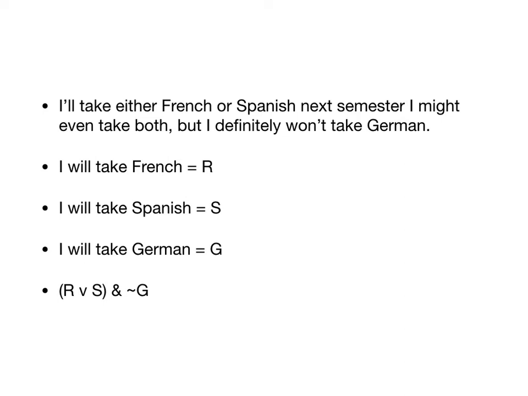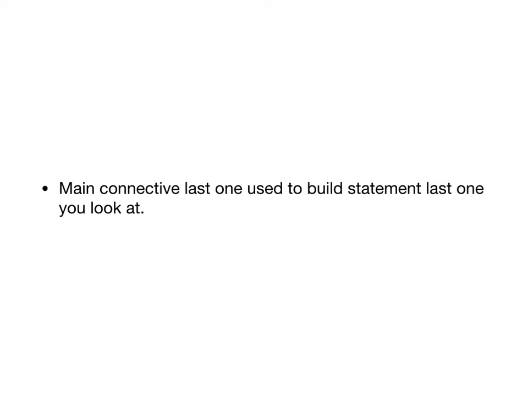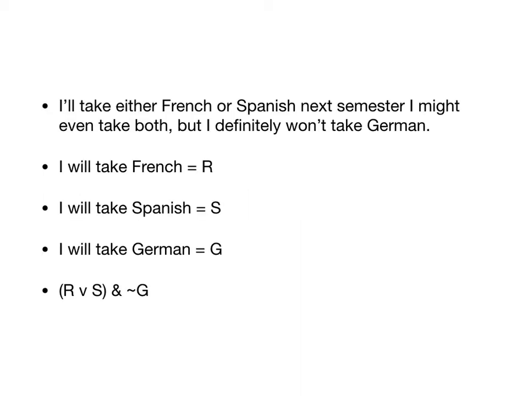Now, one thing to notice, like the book talks about the main connective, that's the one that determines the truth value of this whole big block of letters, right? So your book talks about the main connective, or you might say main symbol. That's the one you look at to see if the whole statement is true or false.